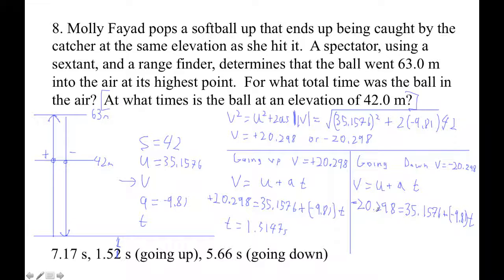And now when I solve this, I'm going to get a different number. The reason it's going to be a longer time is that mathematically you subtract this from both sides. That'll be a large negative number on this side, and it will be a bigger time when you divide by negative 9.81.